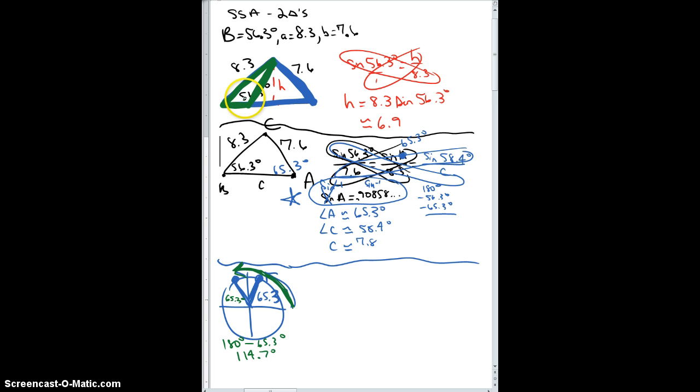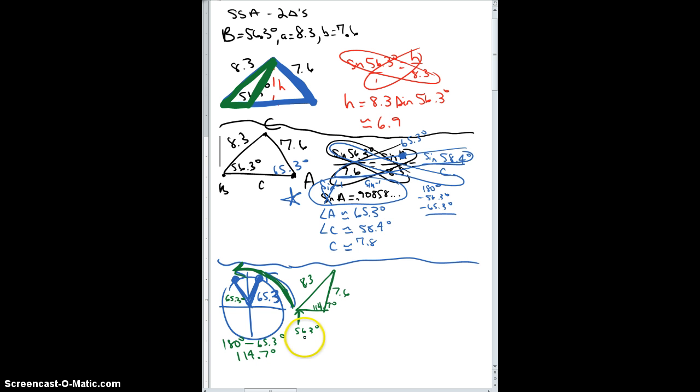So if I redrew my triangle, I'd have my 8.3. Here's my 7.6. Here's my original, which is 56.3. But now this angle is 114.7 degrees right there.